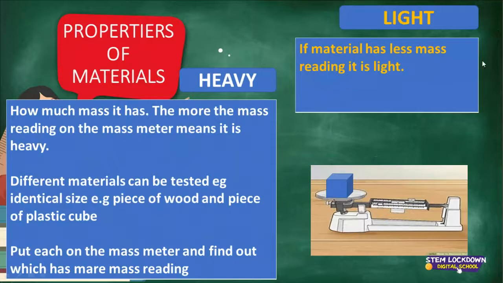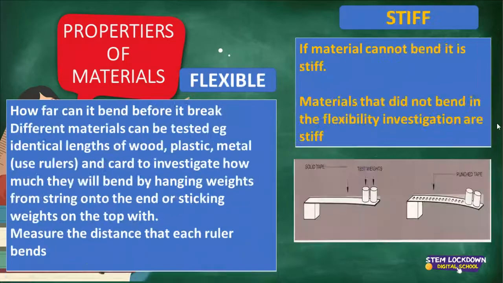Now this one is the weight on top. Now this material is not flexible, and this other one is flexible with the punched hole. So in this investigation, this person was just trying to see what is going to happen to the material if they punch holes in the object.